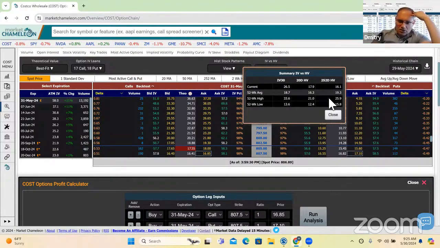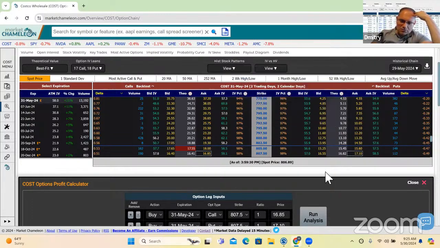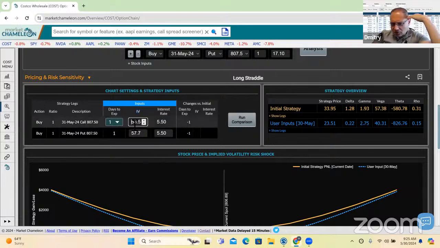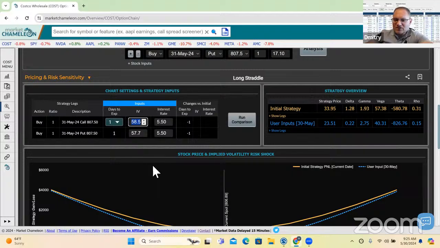So I'm going to come back down here and say, okay, so far, here's the implied volatility. 58.5, 57. Obviously, that's because of earnings. But what if I said tomorrow, all this is going to go to 17? I'm going to just type it in instead of scrolling down.